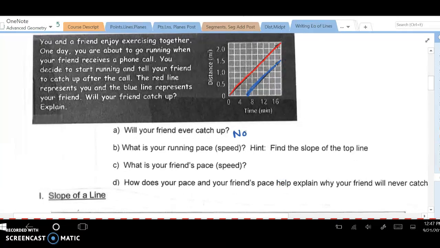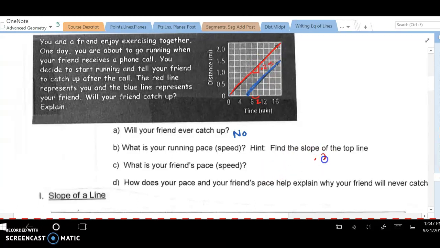So what is your running pace speed? Well, it looks like you're going one block over and one block up. Each one of these is an increment of 2, and each one of these is an increment of a quarter, 0.25.